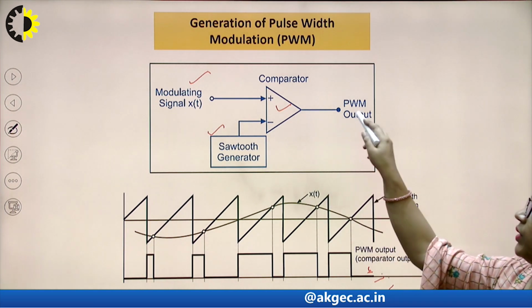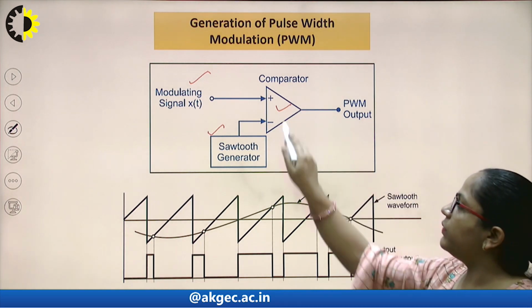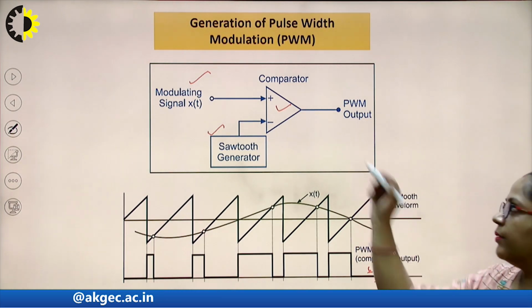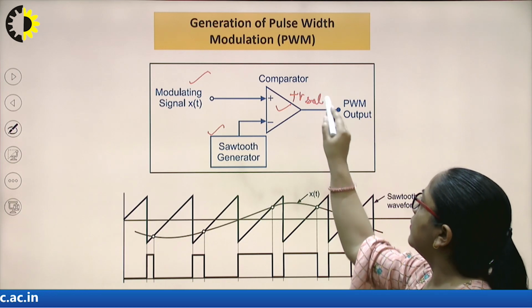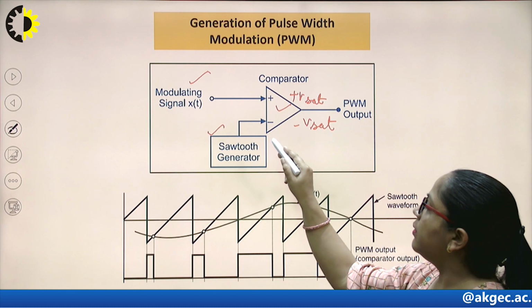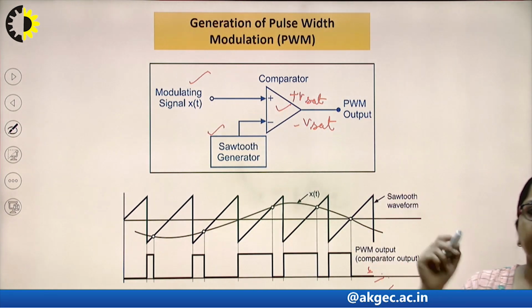The output of the comparator will be a PWM signal. What will be the output of this comparator? The output of this comparator will be plus Vsat or minus Vsat, depending upon at which terminal the applied signal is having more value.